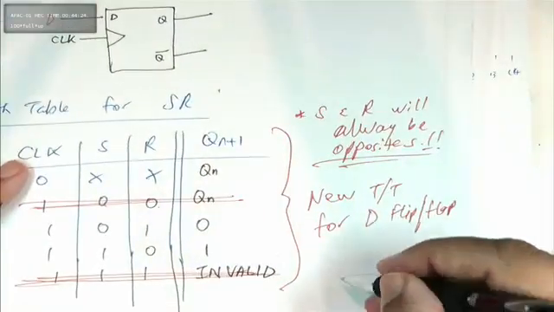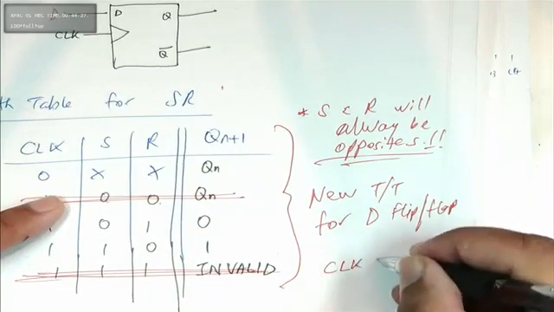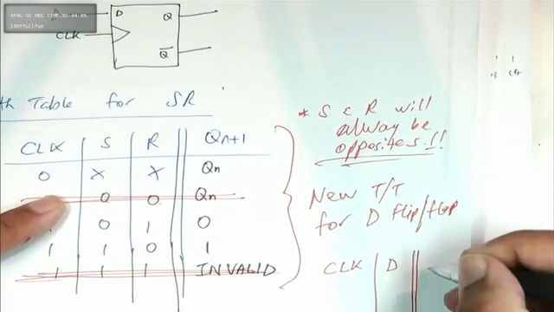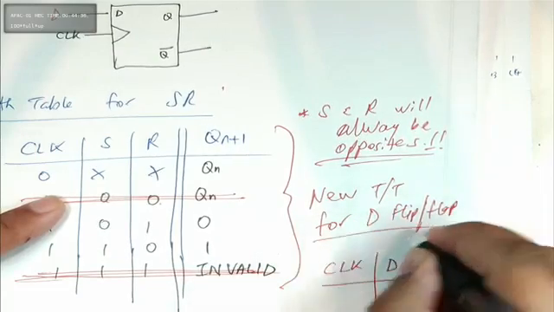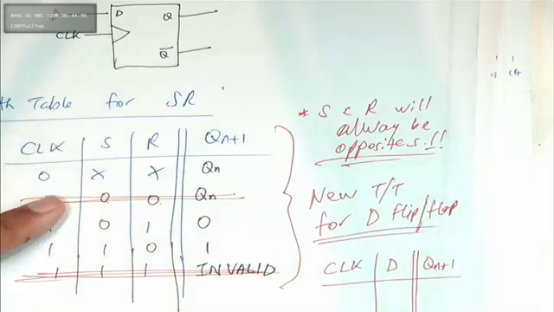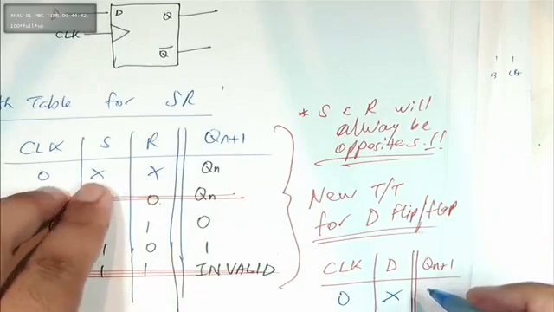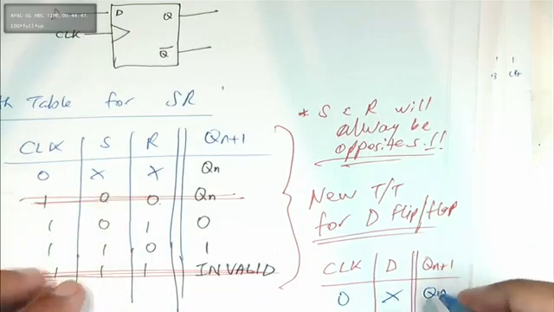So what does it look like now? Let's draw it out. You have clock, D, Qn plus 1. Right? So what do we get? 0x, 0x, and Qn.